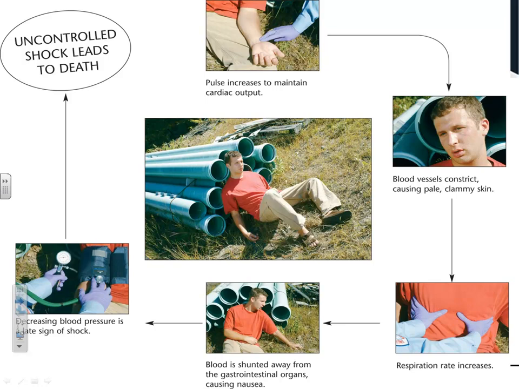If you've got an old person with several things going on, like peripheral vascular disease, asthma, who knows what, and then they fall down some steps and get a traumatic injury, they're going to be much worse off, and they're going to get to decompensated and irreversible shock much quicker than one of you guys that just fell down the steps.